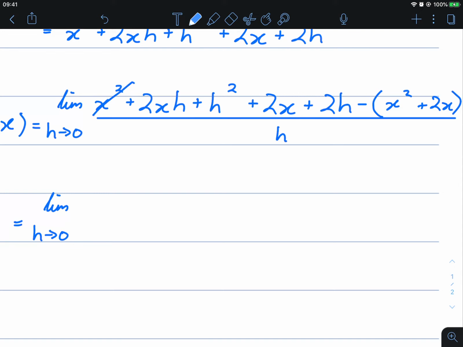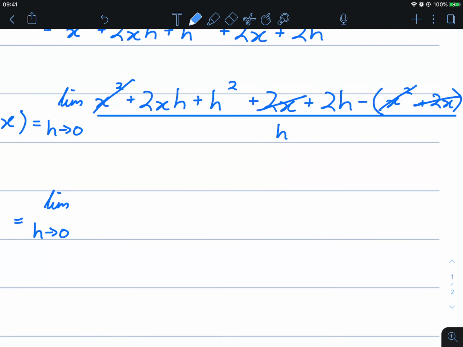So this all cancels. We are left with 2xh plus h squared plus 2h all over h.